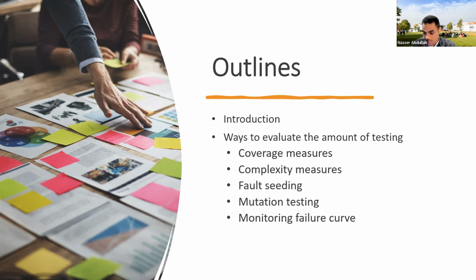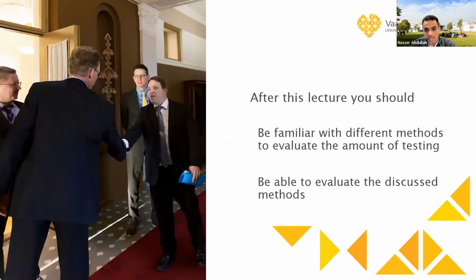So these are ways to evaluate the amount of testing. This is the outcome of this course: you should be familiar by the end of this class with different methods to evaluate the amount of testing.